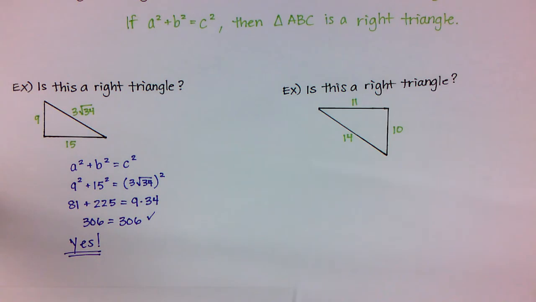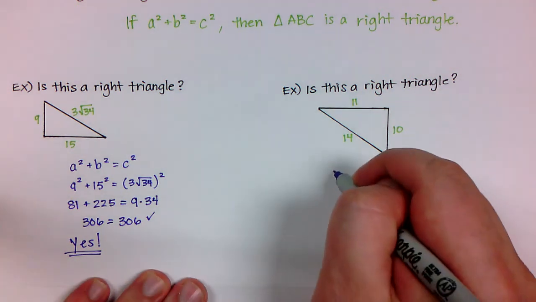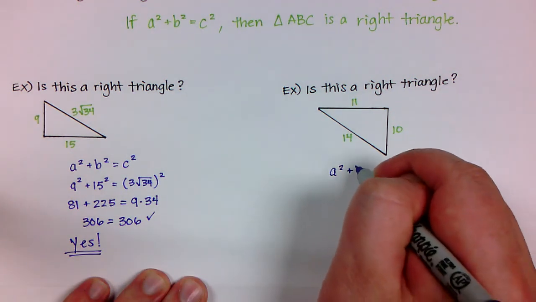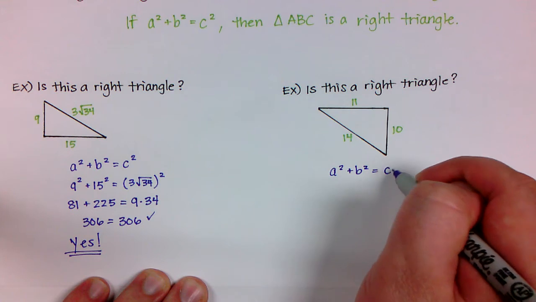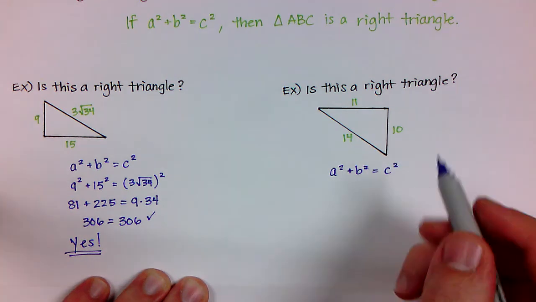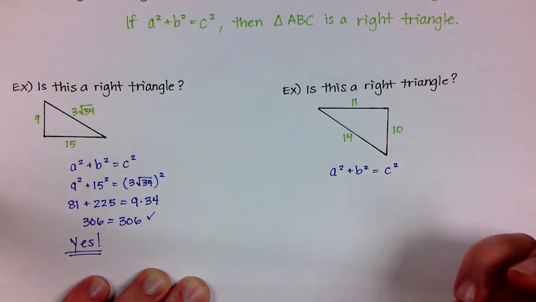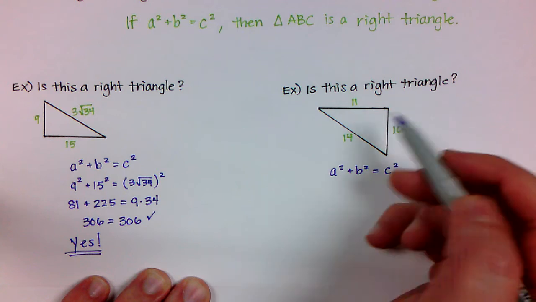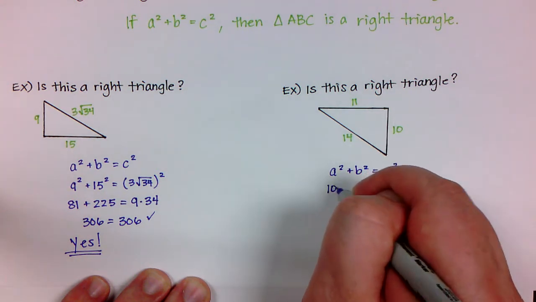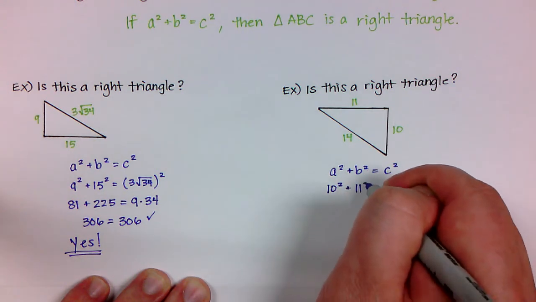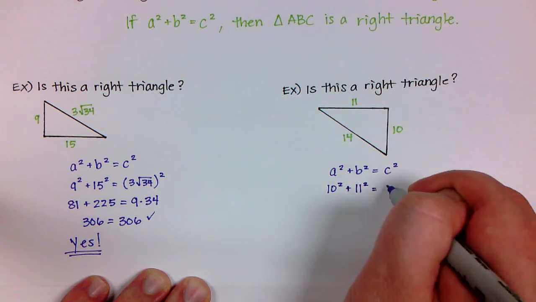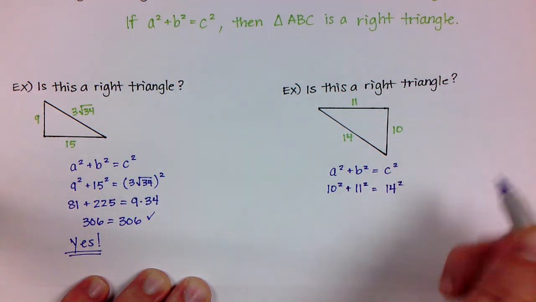Awesome. Let's do another example. I have another triangle. Let's just figure out if this one is a right triangle. So again, we're going to do the a squared plus the b squared and see if that's equal to c squared. Let's plug in our legs, or the shorter sides, since I don't know if they are legs. So I have 10 as the shortest, and 11 as the second shortest, and 14 as the longest side.